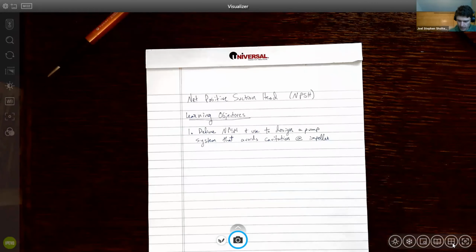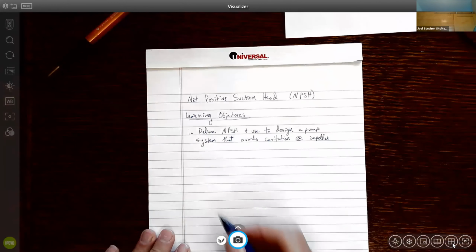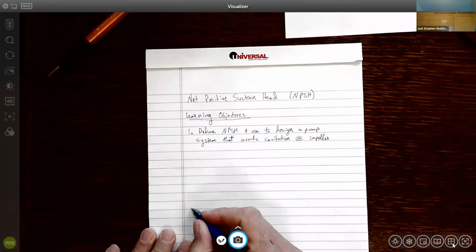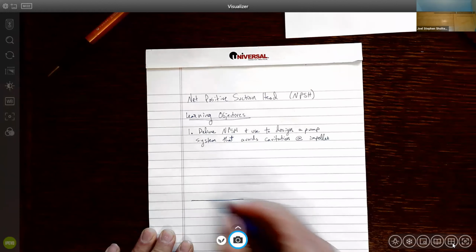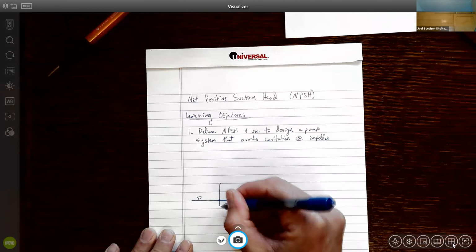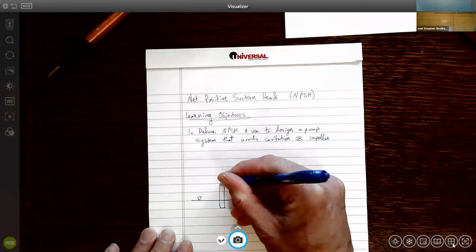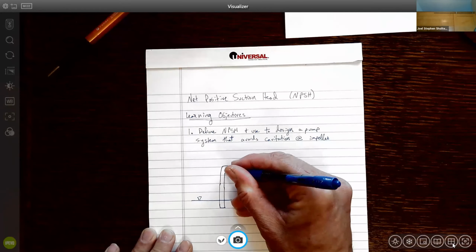All right, so let's start by looking at a pump system. We've got a water level, and a pipe that goes inside the water, and it's got some length and some elevation above the water.